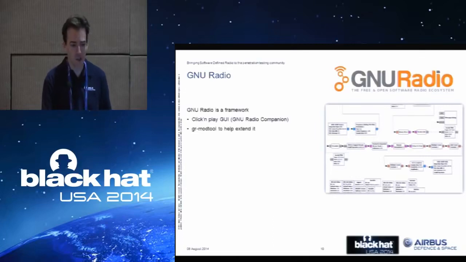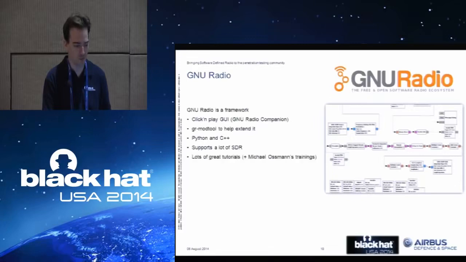You can extend it with the helper gr_modtool. You can extend it by coding in Python or C++, and it supports a lot of SDRs. At least the three I was mentioning on the previous slide are fully supported. And you have a lot of great tutorials, plus Michael Ossmann's training, like I mentioned before.